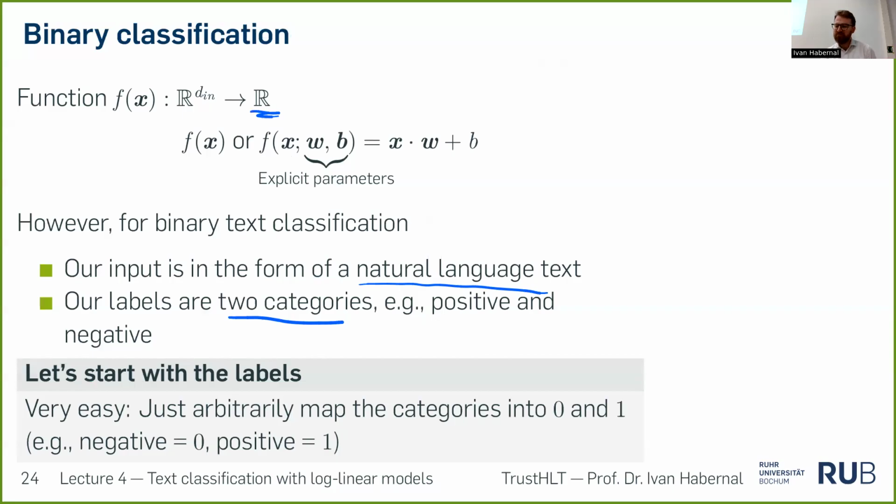The output is two categories, positive and negative, and I'm just going to arbitrarily map them to 0 and 1. This is an arbitrary decision. I'm saying 1 is positive and 0 is negative. It could be the other way around, it could be anything else, but this is just convenient. So you can turn any binary task into 0 and 1, and you have to know the meaning of these 0s and 1s.